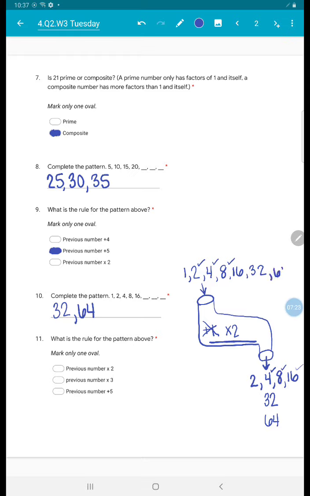Then if I put that 64 in, 64 times 2 gets 128. So my rule is previous number times 2. We're multiplying each number times 2 to find the next number in the pattern.